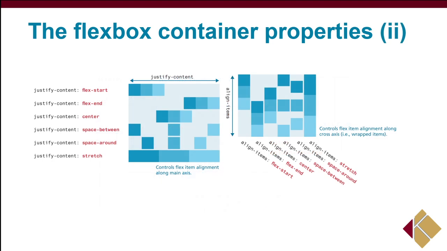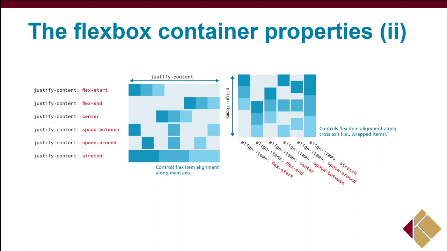Okay. So within the Flexbox container, we have a couple of properties that are important to know. The flex start and flex end denote where the first item is going to sit. So if you do justify content flex start, justify content is where it sits.